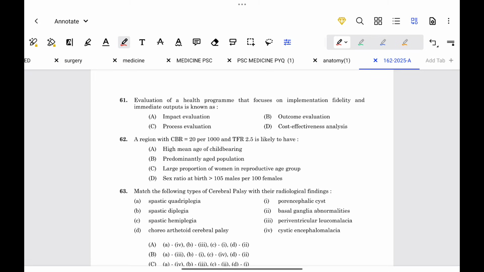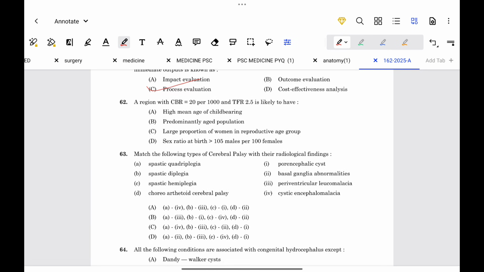Evaluation of a health program that focuses on implementation fidelity and immediate output is known as process evaluation. A region with CBR, that is crude birth rate, of 20 per thousand and total fertility rate of 2.5 is likely to have a large population of women in the reproductive age group.